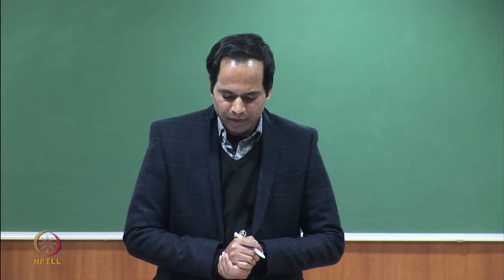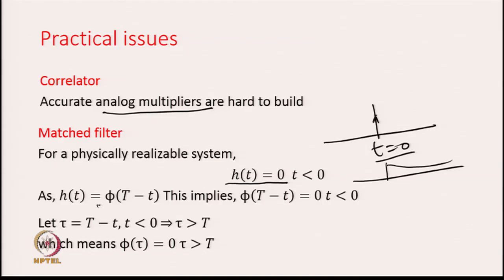Now, we know the impulse response of the filter. Impulse response of the filter was of this form. This implies that phi(T minus t) should be 0 for t less than 0, because that is the condition for the system to be a causal system.